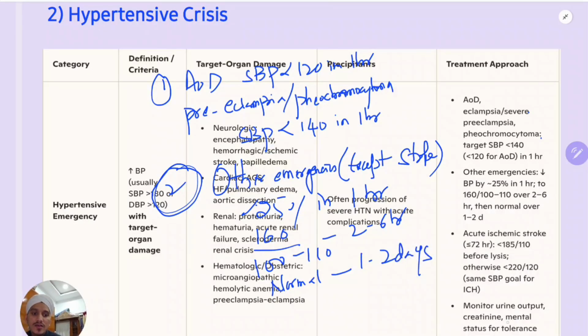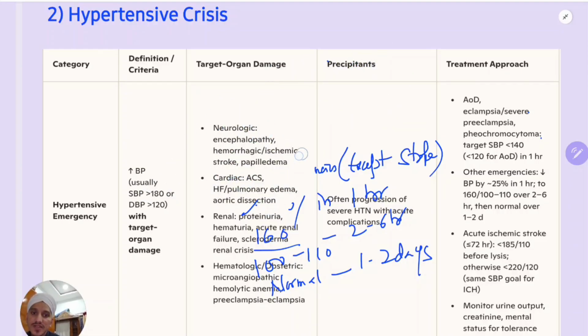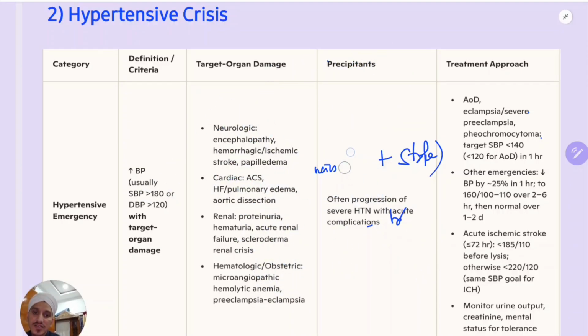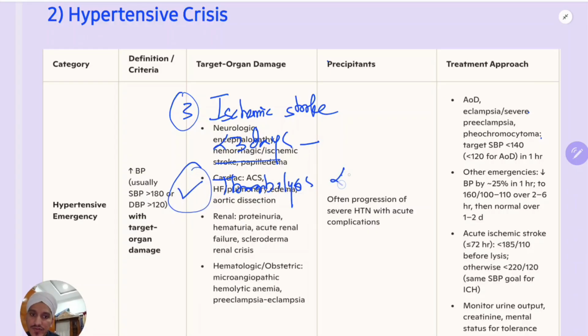The third one, in stroke patients, is a special thing. A special reduction of BP is needed in stroke. We will learn details about that in the class on stroke. In ischemic stroke less than 3 days old, if thrombolysis is done, then BP should be brought to 185 by 110.